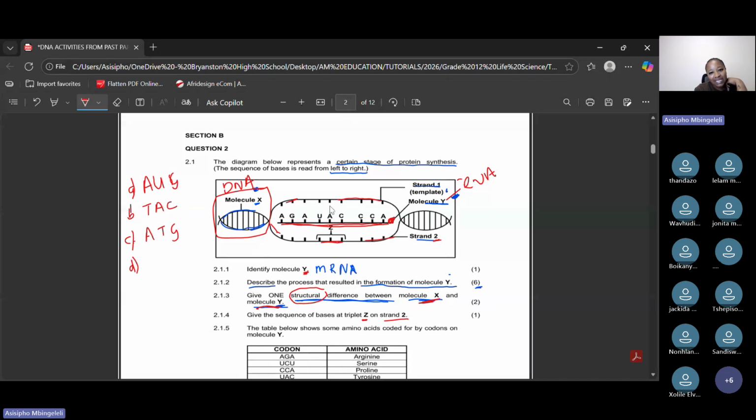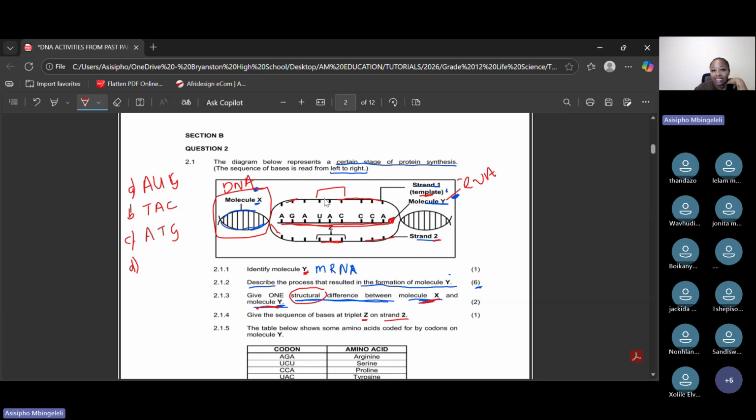Because these 3 bases over here are the bases that were used in order to find UAC. So we cannot just use UAC and match UAC with the bases here. That will be incorrect because they didn't use strand 2 at all. This was a guideline. In order for us to form molecule 1, which is the messenger RNA, they used bases on this strand. So now let's find these 3 bases first.